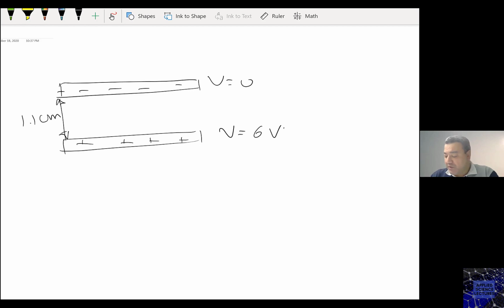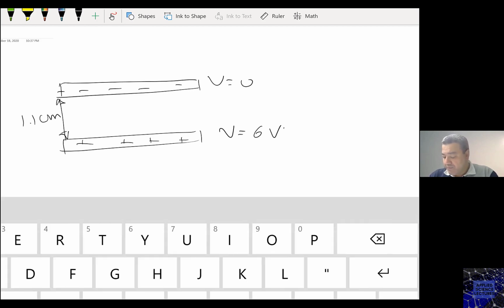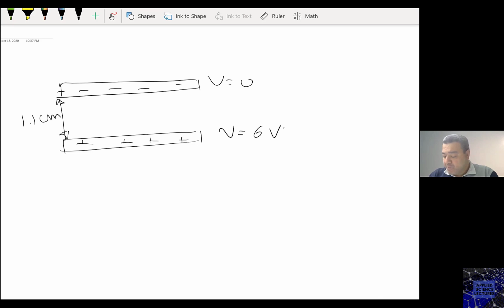The electric field, as we have seen, V is EY, and V now here is the difference between the positive and the negative.